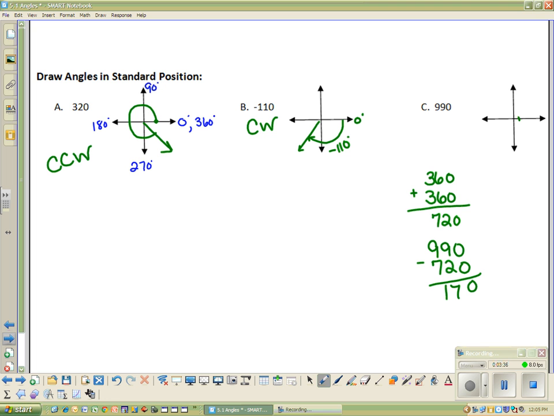So I'm going to wrap once, there's 360. Wrap twice, that's 720, and now I am going to go an additional 170 degrees, which would be almost back to the negative x-axis there, and that would be my angle of 990 degrees. Wraps around fully twice, and then not quite halfway around the next go around.